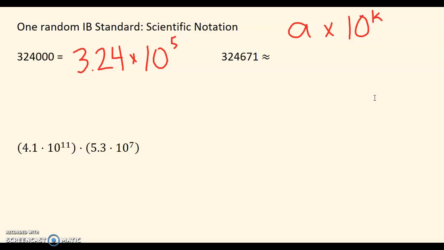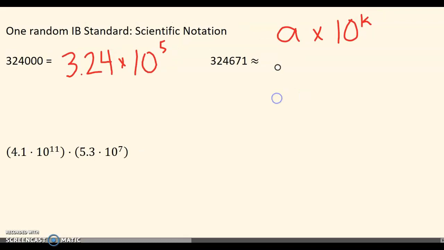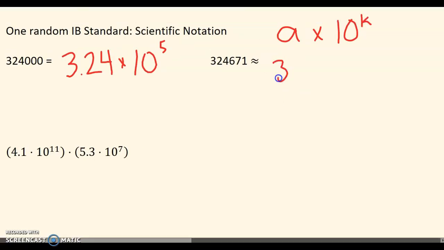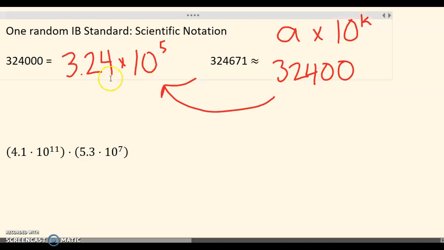So if you're ever having to take a large number, this doesn't happen very often, but if you're ever taking, especially on paper 2, if you need to use 3 significant figures, so this would turn into 324,000, and then you would convert it to that. So when we do our answers, we don't do anything past 3 significant figures. Because these trailing zeros, if you remember from science, aren't significant.